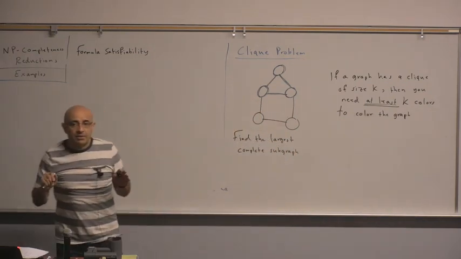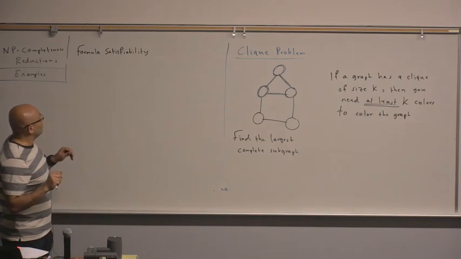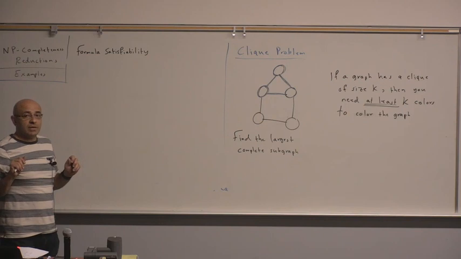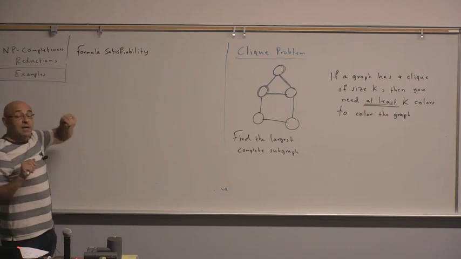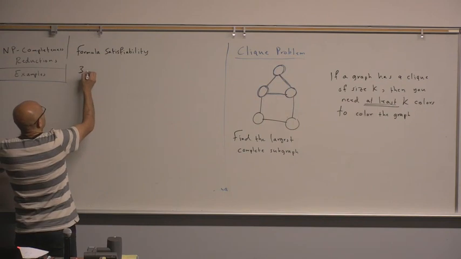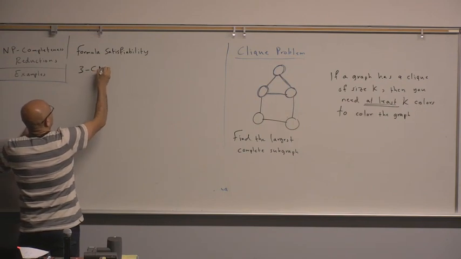Can you find an assignment of the logical variables such that the formula evaluates to true? So that's formula satisfiability. Now there is a special form of it, which is the 3 conjunctive normal form.